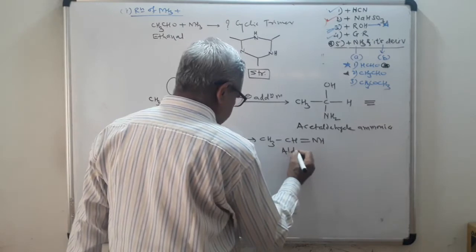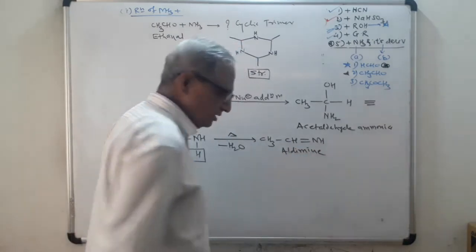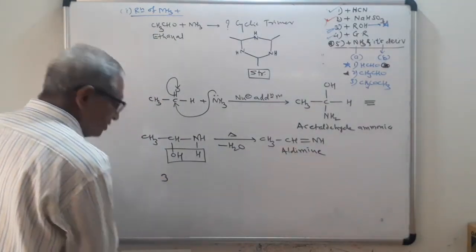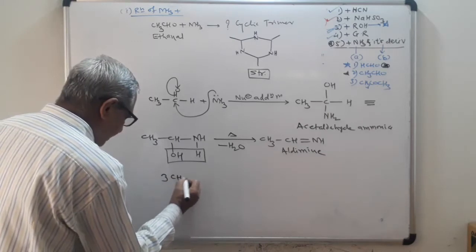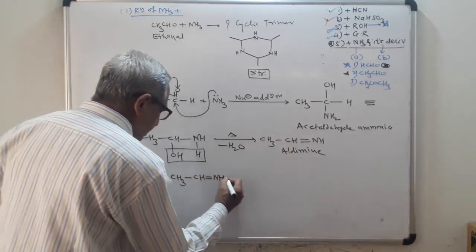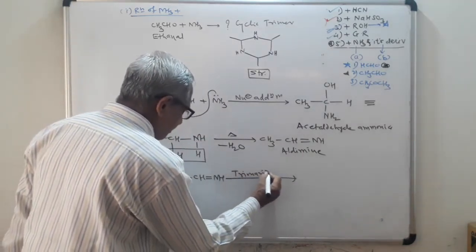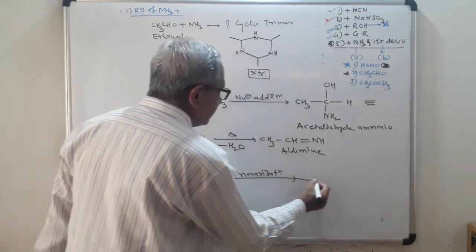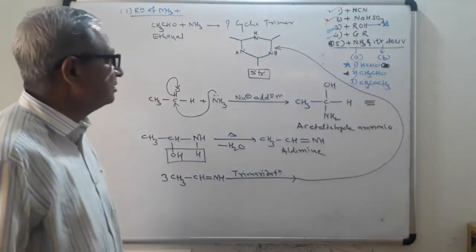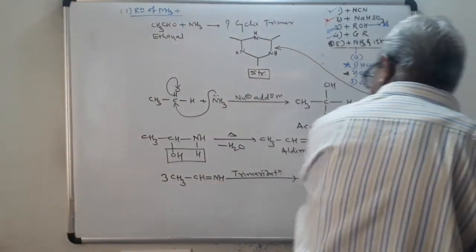This is known as aldehyde imine. Now when you take 3 molecules of CH3 CH double bond NH, a trimerization reaction takes place, and you get the structure of the cyclic trimer.